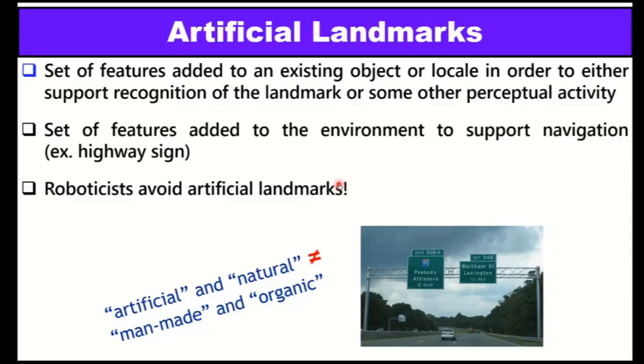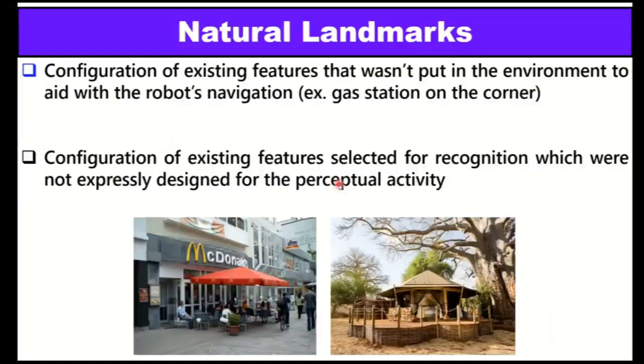Now artificial landmarks are already given signs, right? You can add them but give them less priority. Natural landmarks mean this configuration exists and will not change. This will always be there, like a temple, a tree, or that particular part. It has special features, different colors, and quick identification, because everything is happening in real time, right?